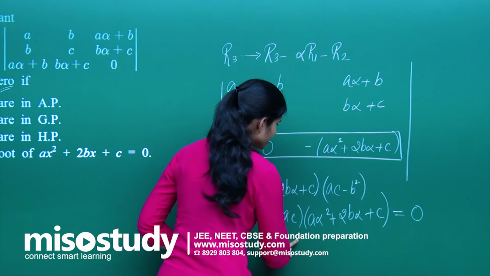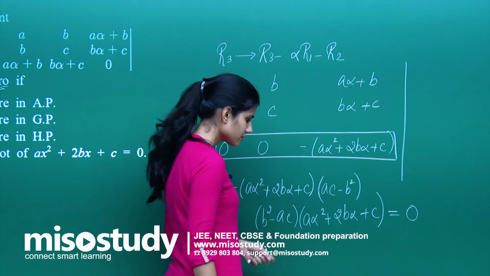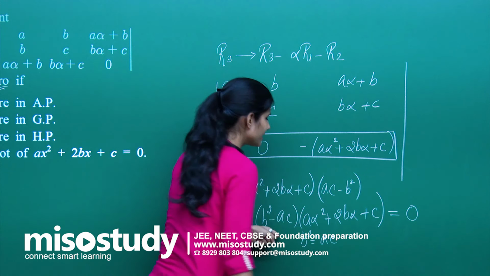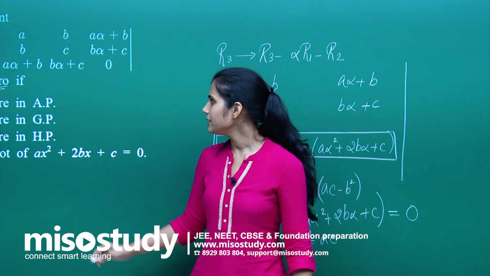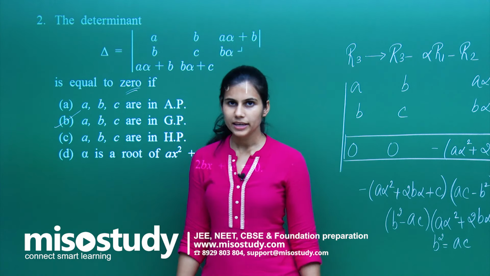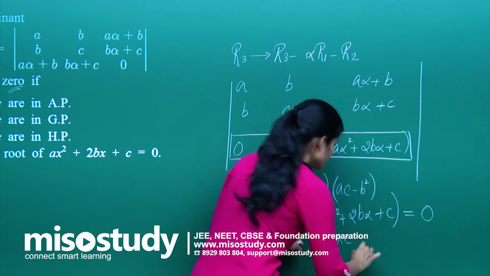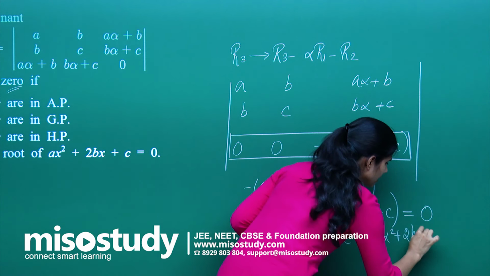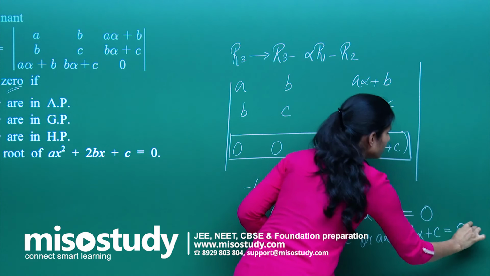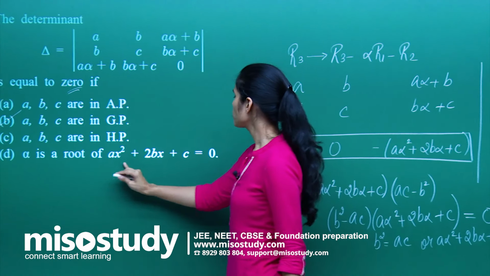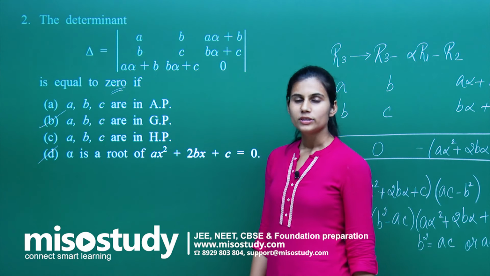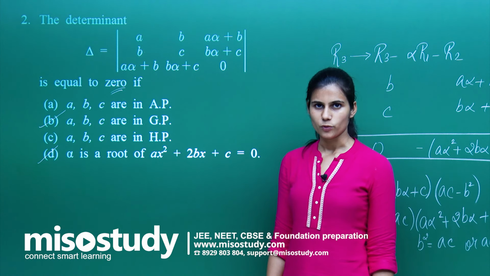This is 0 when either this is 0 or this is 0. B square minus AC is 0, that means B square is equal to AC, that means A, B, C are in GP, or A alpha square plus 2B alpha plus C is 0, which means alpha is a root of AX square plus 2BX plus C equals 0. So these are the two correct options in this particular question.